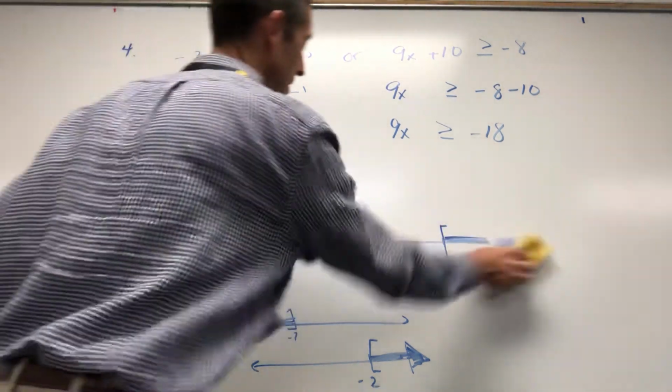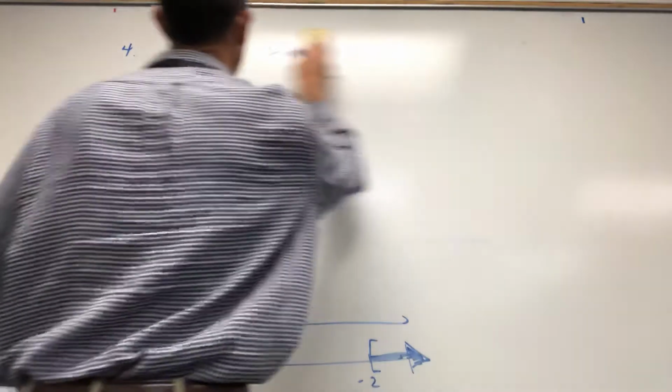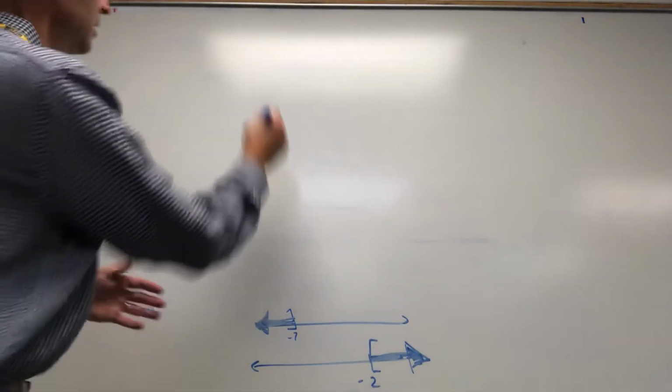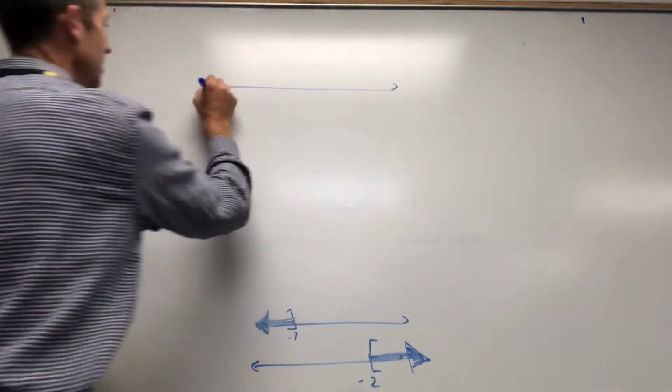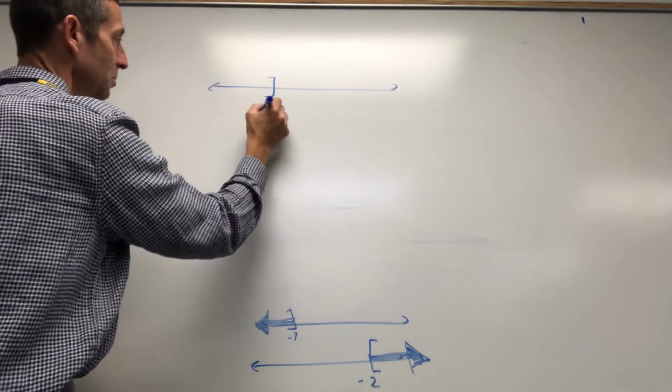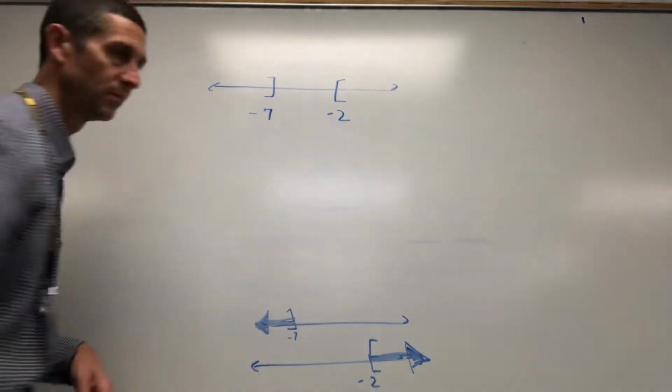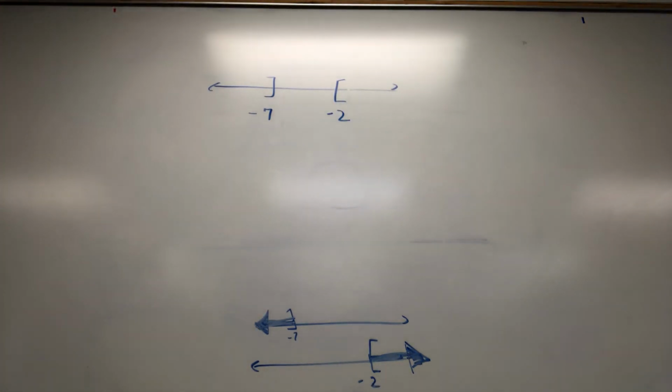So what would that look like to us? Well, let me just put it up here. Our final answer that has everything covered is going to look like this. Everything that's covered has both of them, the -7 and the -2, and what they're shaded with.